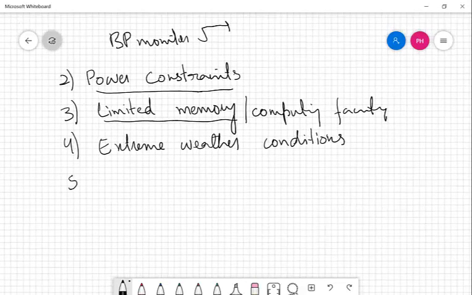So we have gone through varied types of standard and non-standard input output devices, power constraints, limited memory and computing facilities, extreme weather conditions.